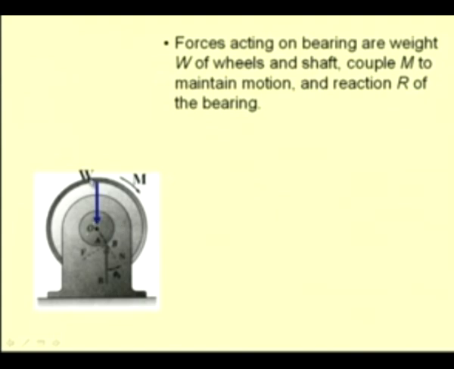Let us say W be the weight of these pulleys or wheels that are being supported by this axle, and a moment of M is being applied to keep this wheel in motion. So, the reaction from the bearing to the axle has been shown to be shifted to a location which is not the point of contact if the wheel is stationary. So, let us see how this actually happens.